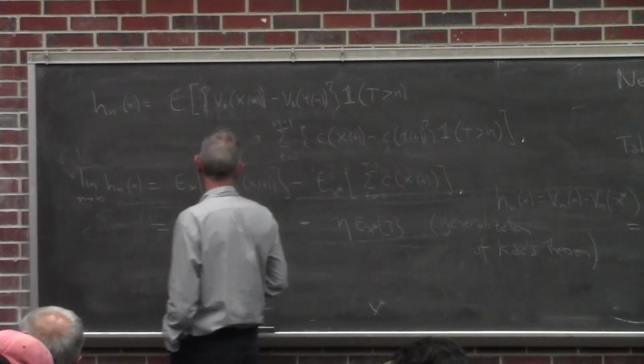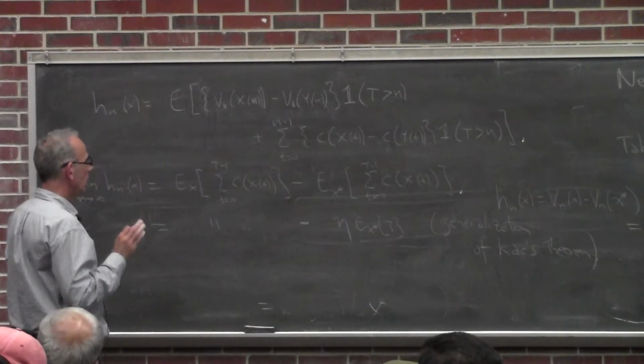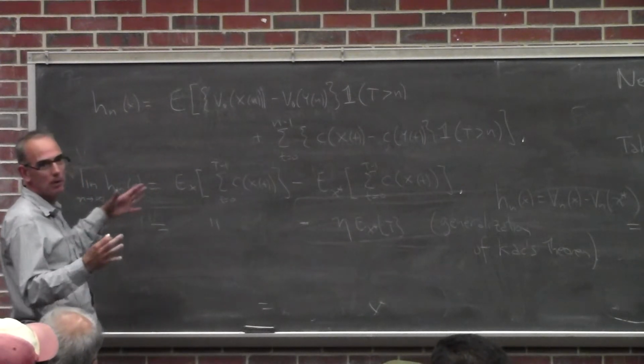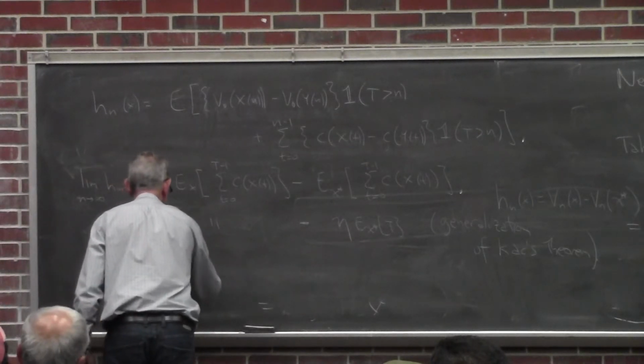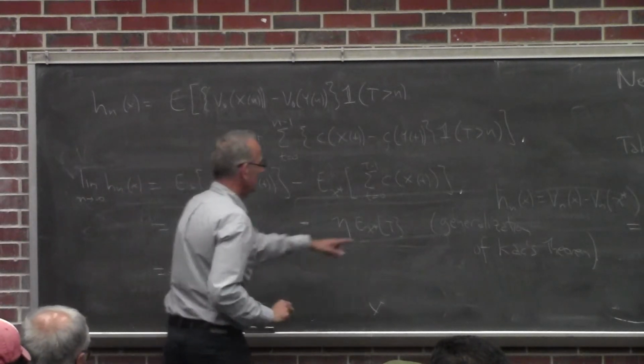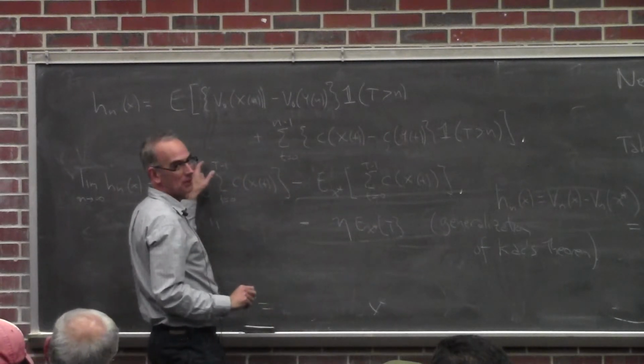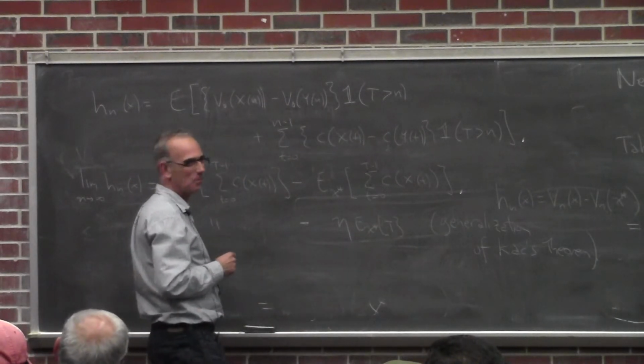So, but those times are the same. So I really should go back to my original probability space. That random time there and that random time there are the same thing. I can pull this back in.